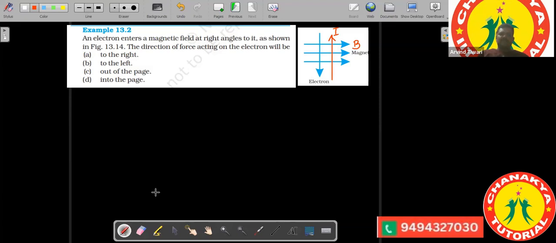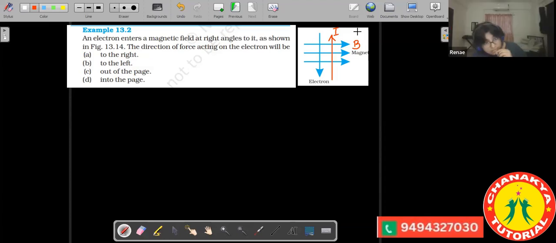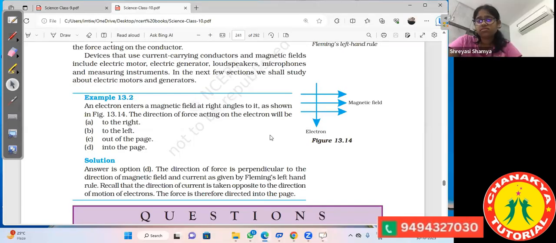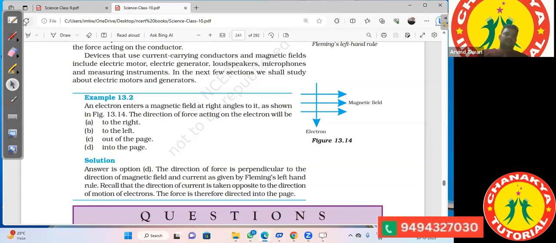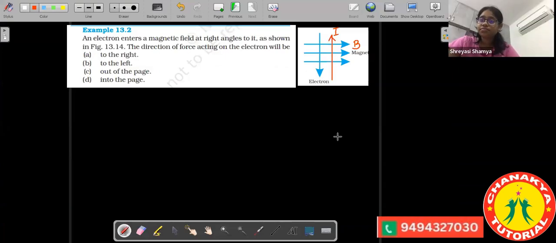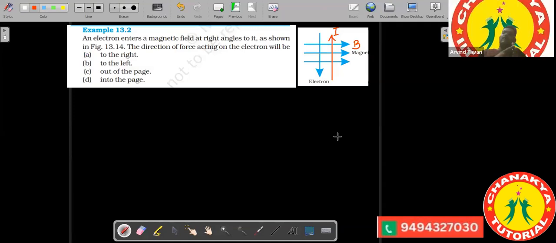Okay, is it clear to you? Sir, I'm kind of not understanding this concept. You are not understanding this concept. First of all, you got the direction of current. Why did we take the direction of current in the upward direction? Yes, sir, that I understood. Okay, so arrange your middle finger in the direction of current.